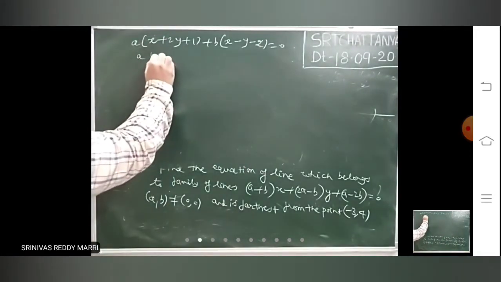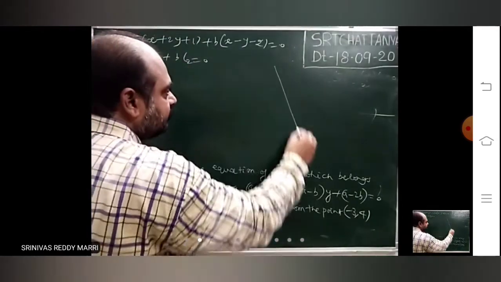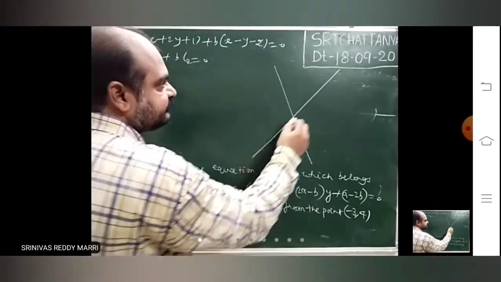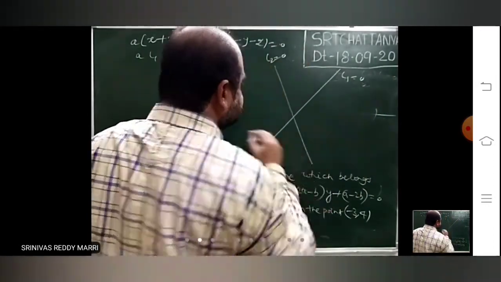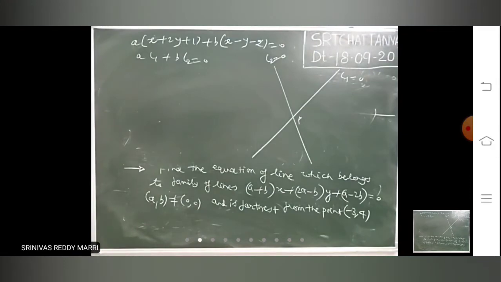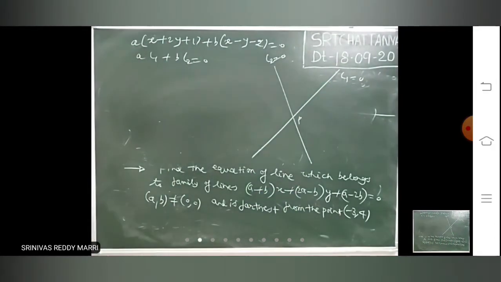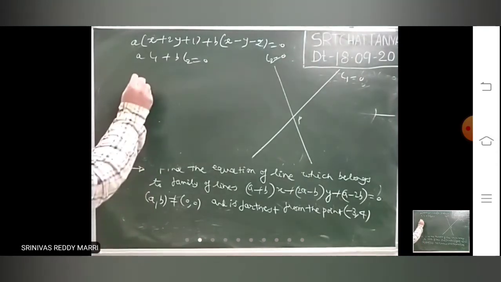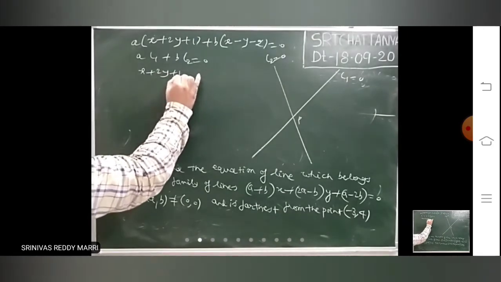So this is of the form A into L1 plus B into L2 equal to 0. This family of lines is nothing but all the lines passing through the point of intersection of L1 equal to 0 and L2 equal to 0. So what is that point P? First you calculate the point of intersection.